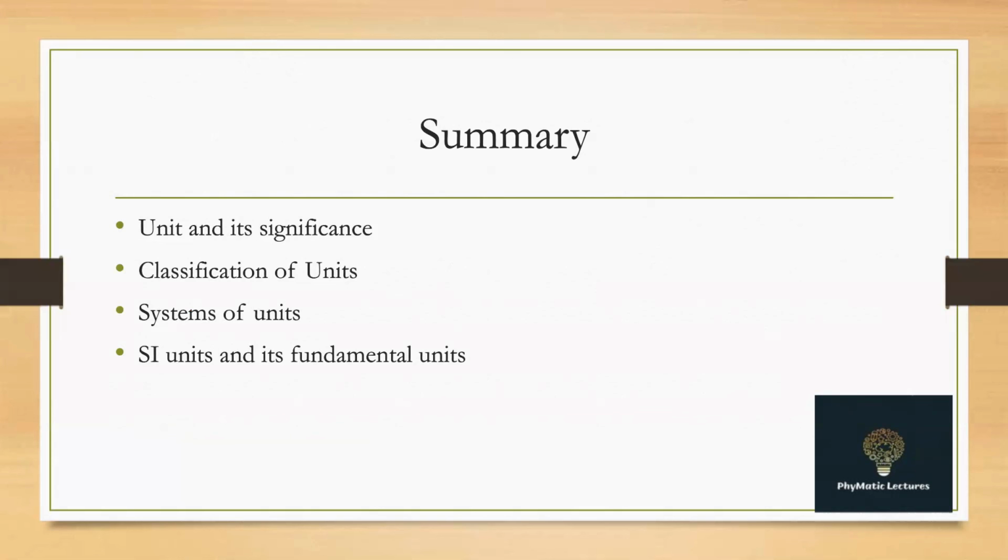Systems of units are of different categories: FPS, MKS, CGS. And the commonly, internationally accepted system of units is the SI system. We learned about its 7 base units and 2 supplementary units, right? So that's all about today's lecture, covering episode number 1 regarding unit and dimension.